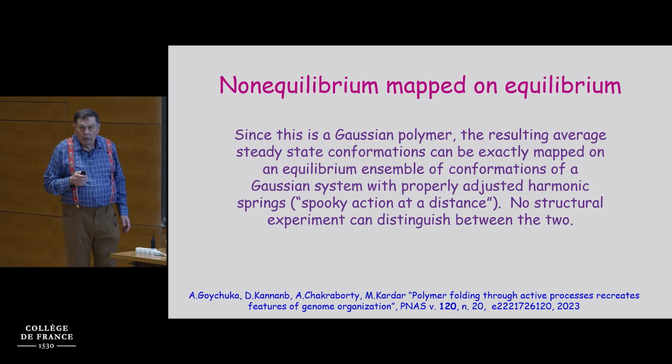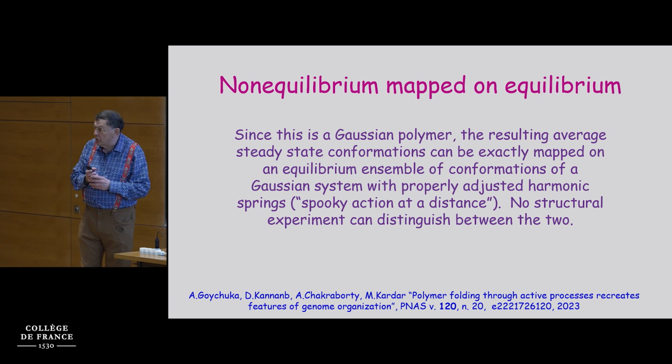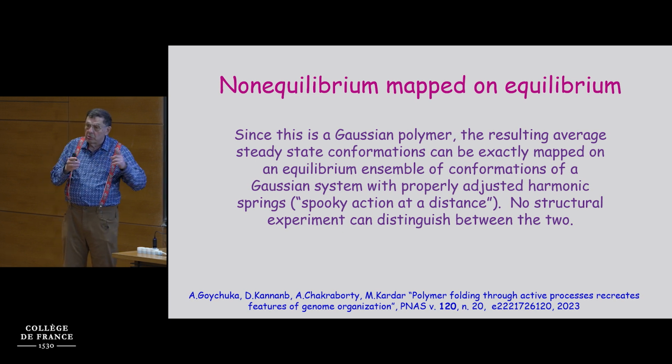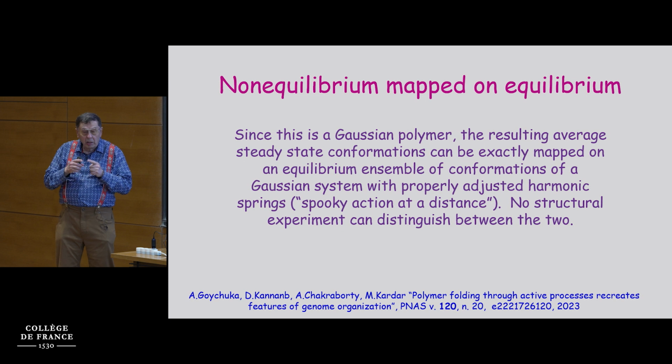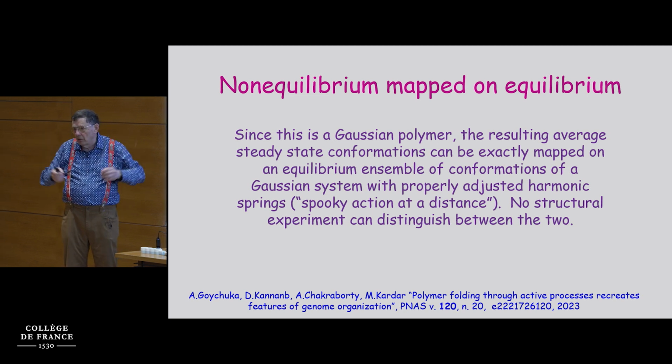And I told you in one of my previous lectures that there is this Gaussian model, which I call spooky action at a distance. When you connect by harmonic springs not only neighboring monomers on the chain, but you also introduce harmonic connections between essentially all other pairs of monomers.